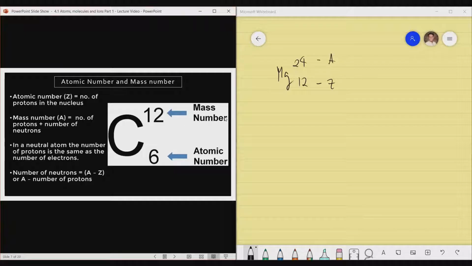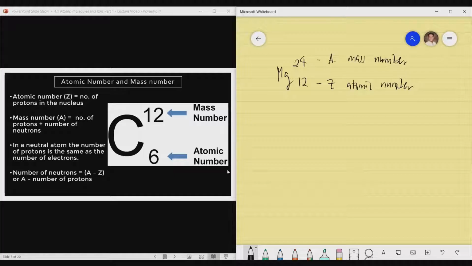Okay, mass number A. Sige, para mas klaro, mass number is A. Z is atomic number. Okay? Z, atomic number. Si atomic number ay nasa baba. Subscript. Mass number A ay nasa superscript.